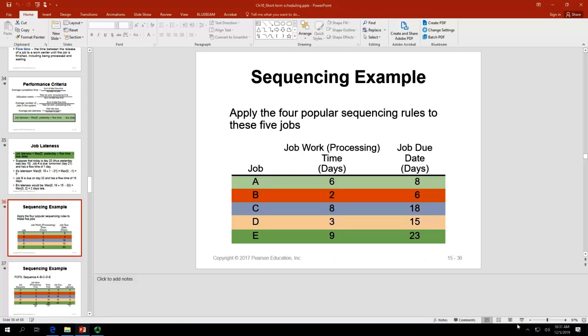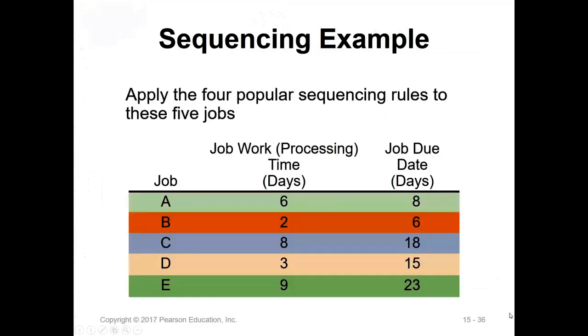Here we have jobs A, B, C, D, E, and we want to use 4 rules: first come first service, longest processing time, shortest processing time, and earliest due time. We use these to sequence A, B, C, D, E.